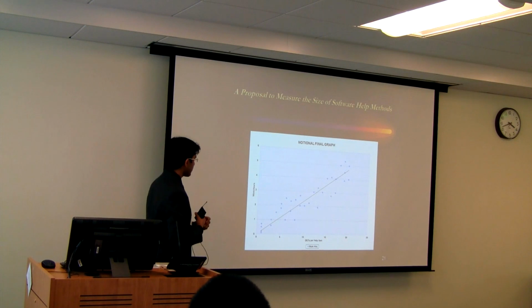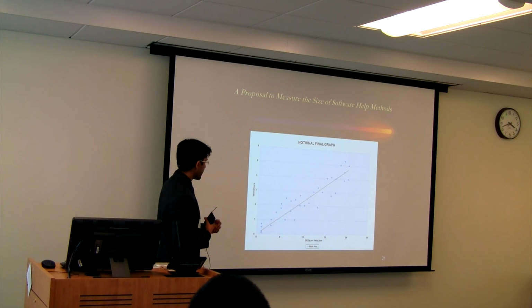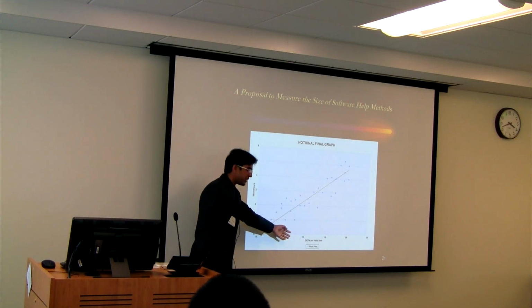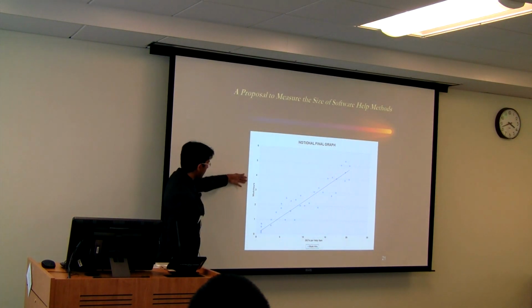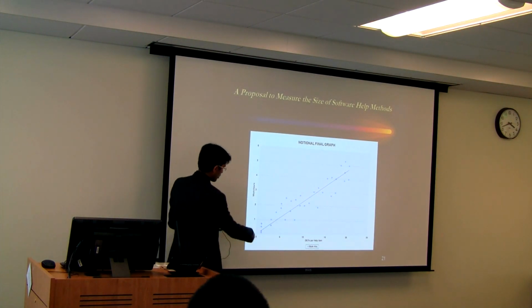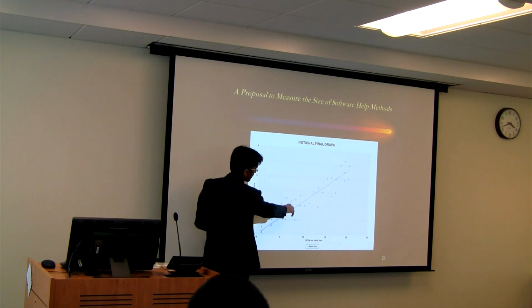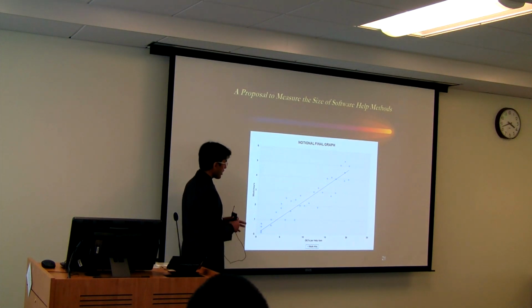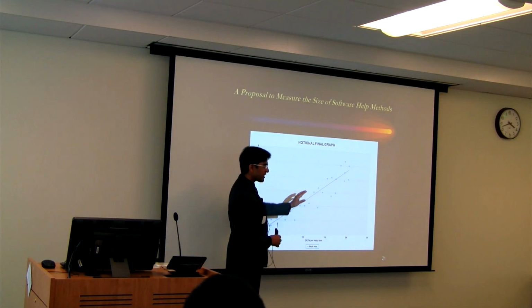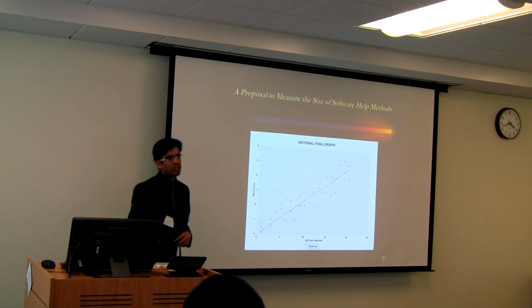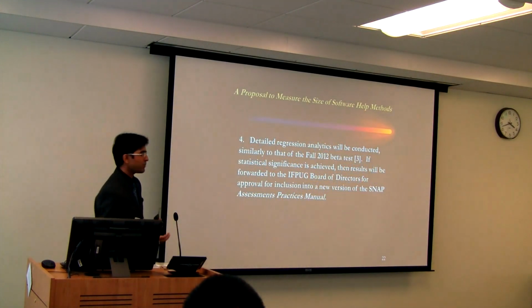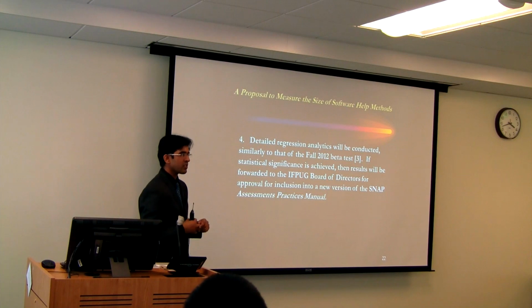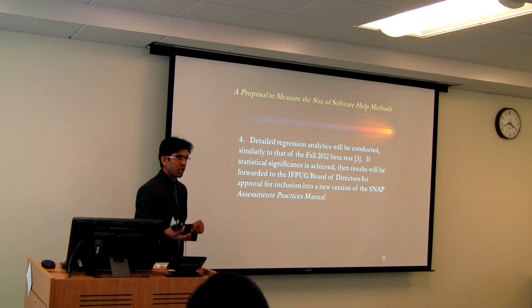Here is a screen where you can see how we are going to do the statistical analysis. On the x-axis are the DETs for the help items, and on the y-axis are the work efforts. All these blue points are the survey results, the data. Then we are going to run a regression analysis on this data. Once we get statistically significant results, we are going to send them to the IFPUG board.